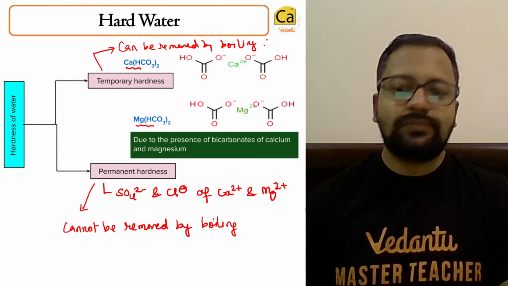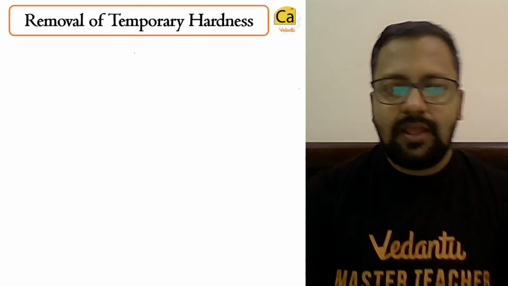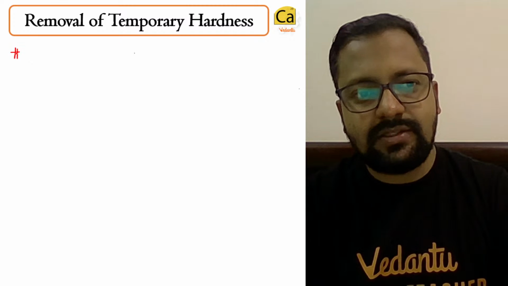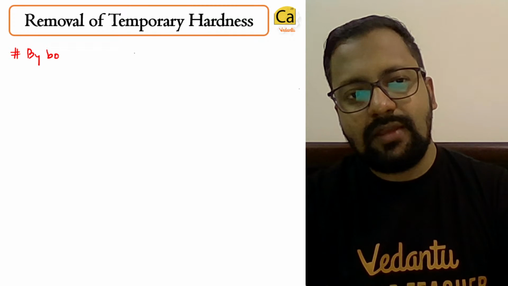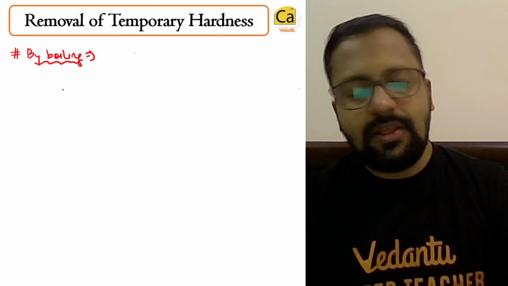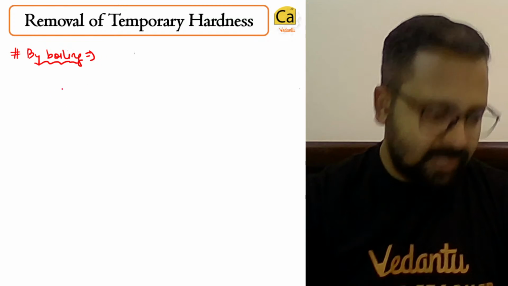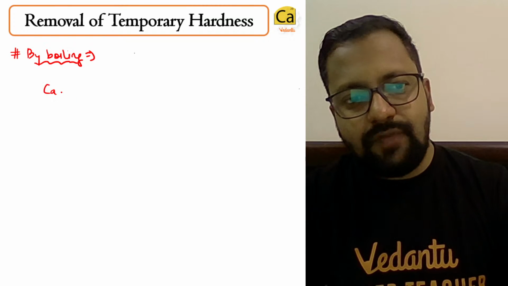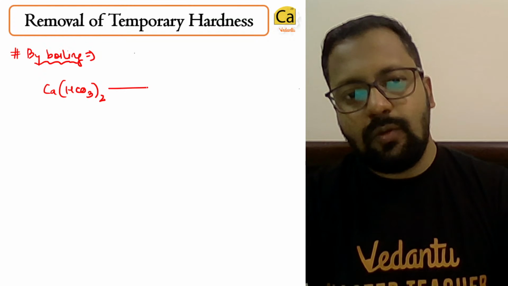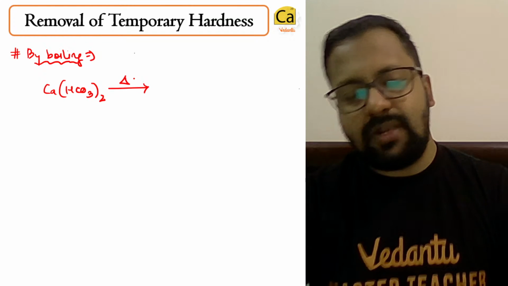Let's move ahead. How do you remove temporary hardness? By boiling. Correct, very good Ankit. So when you boil calcium bicarbonate, what will happen? I am writing heat.